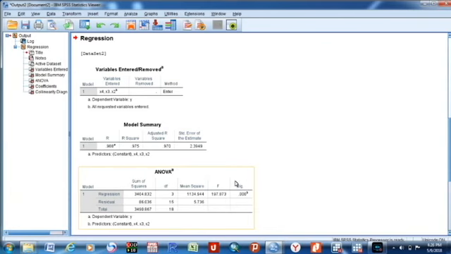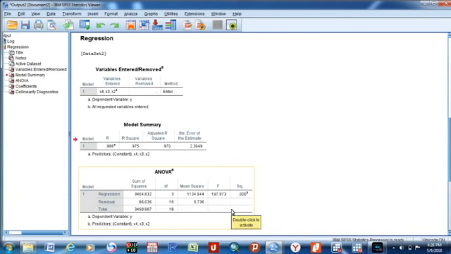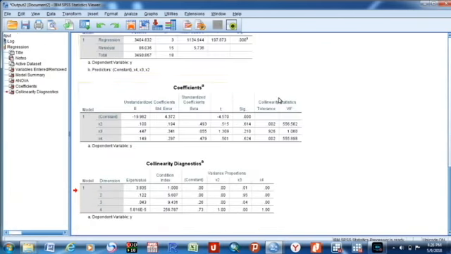So after that we need to go and see the individual parameters. That means F test indicates that all of the variables can be included in our model, or the model is adequate. So after that we have to see the individual t-test. When we see the individual t-test, there is no variable that statistically influences the dependent variable.